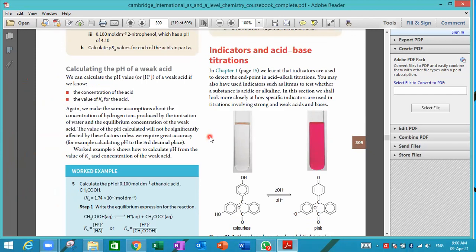Or the opposite, if I have an alkaline solution with an unknown concentration and I want to determine its concentration, then I have to make a titration with an acid with a known concentration in order to get the concentration of the alkaline solution.